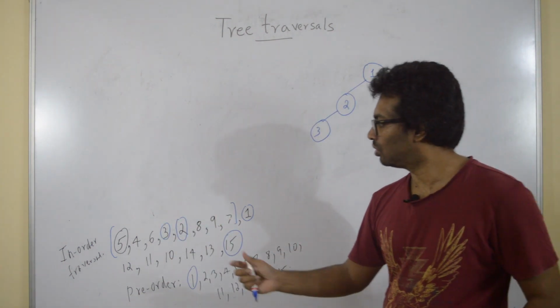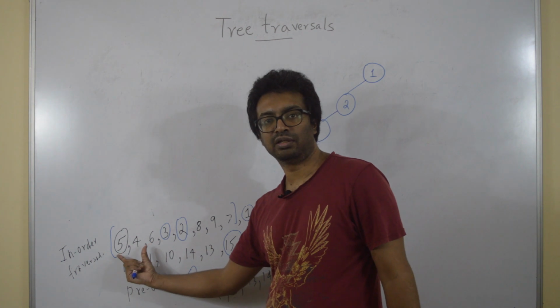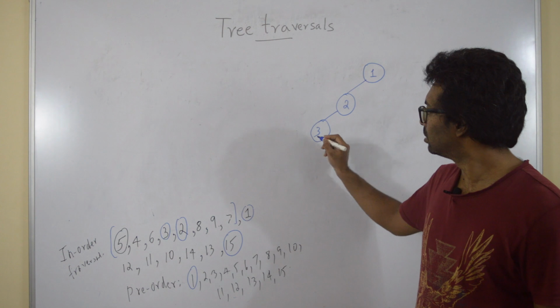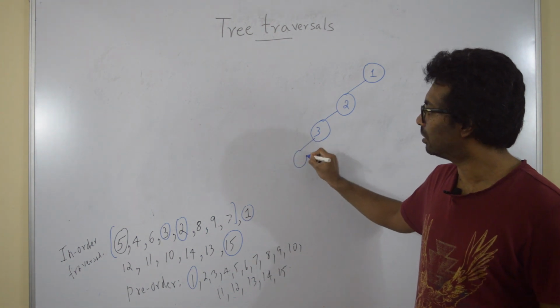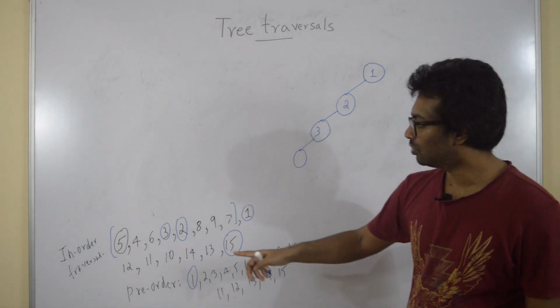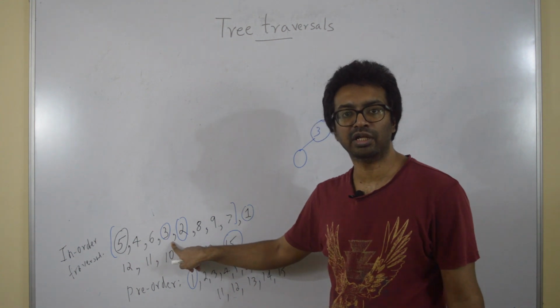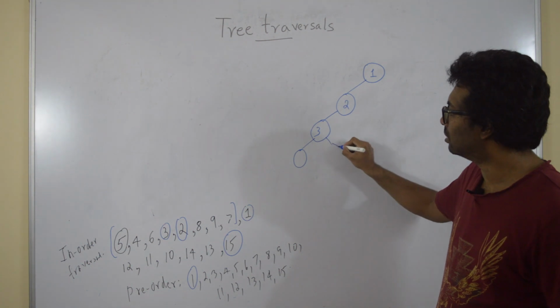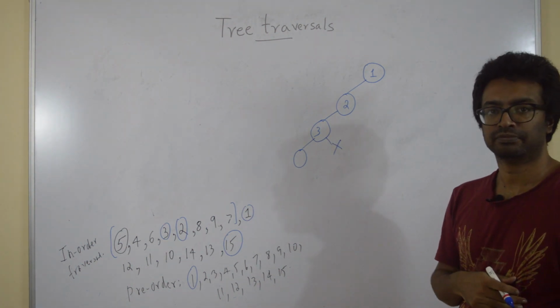Now I know all these numbers on the left of 3 have to be on the left. So there has to be something on the left. On the other hand, there is nothing between 3 and 2. So there's nothing on this side. Clear?